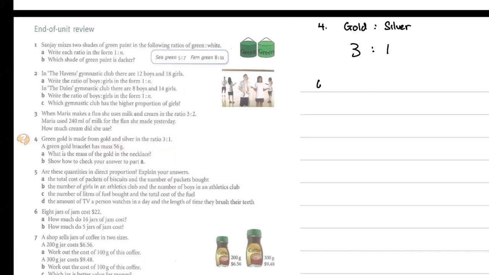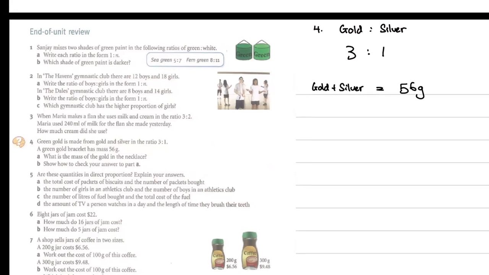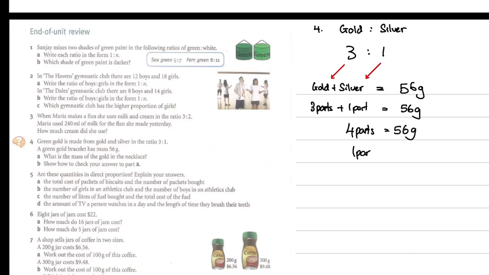Means gold plus silver is equal to 56 grams. So we need to see how many parts this takes. So the total parts should be 3 parts plus 1 part is equal to 56 grams. 4 parts is equal to 56 grams. 1 part is 56 divided by 4, 14 grams.